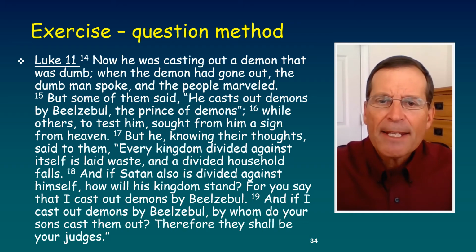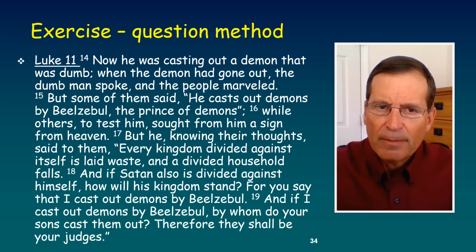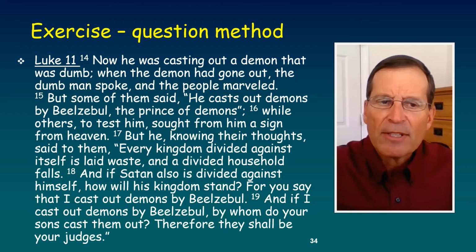Now he was casting out a demon that was dumb. When the demon had gone out, the dumb man spoke, and the people marveled. But some of them said, "He casts out demons by Beelzebul, the prince of demons." While others, to test him, sought from him a sign from heaven.